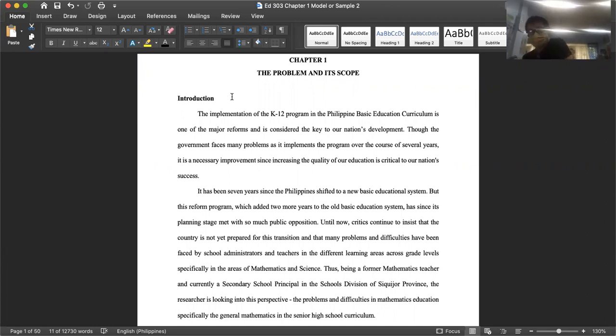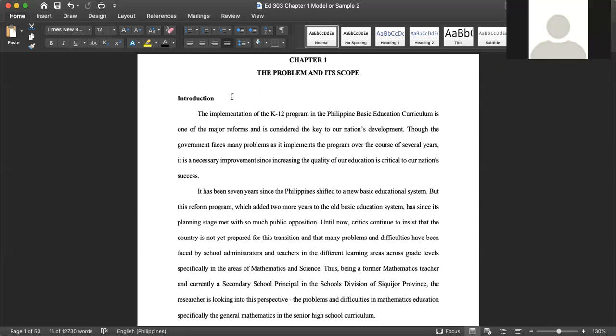Then you are going to have 1.5 spacing, not double space. Font size 12. And then font type Times New Roman. Do you follow?